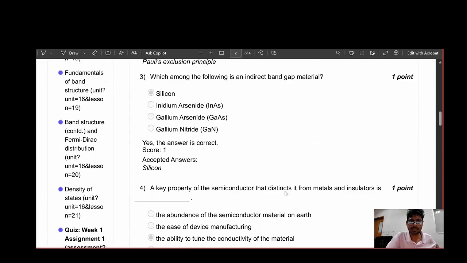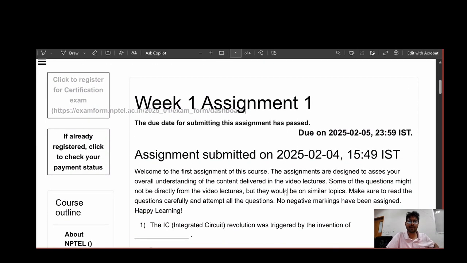Can you see my screen with assignment one? Yes, sir. Let me see.